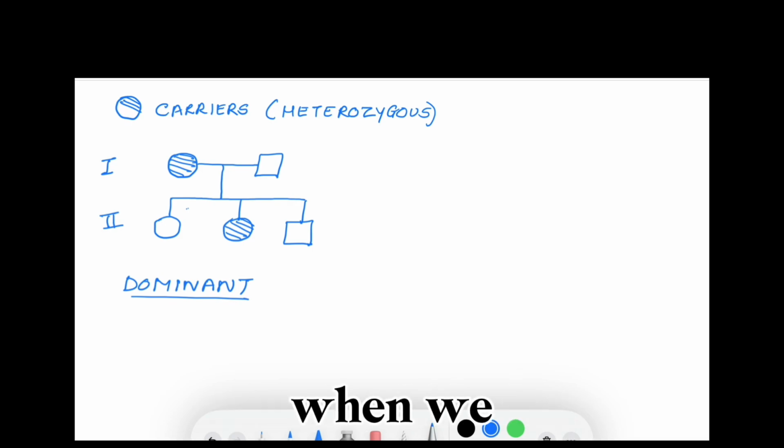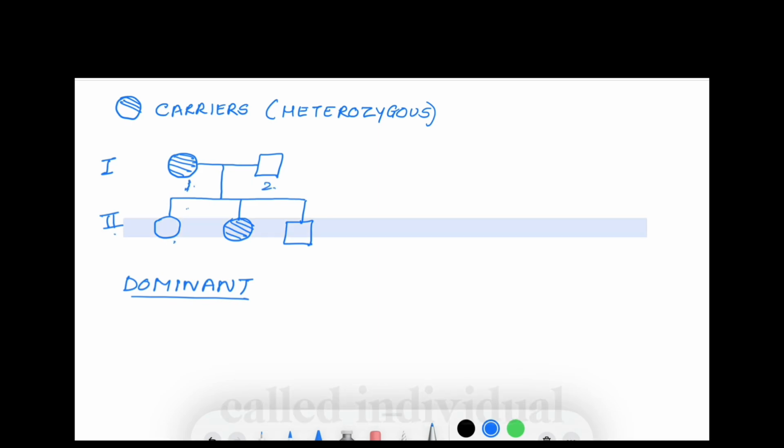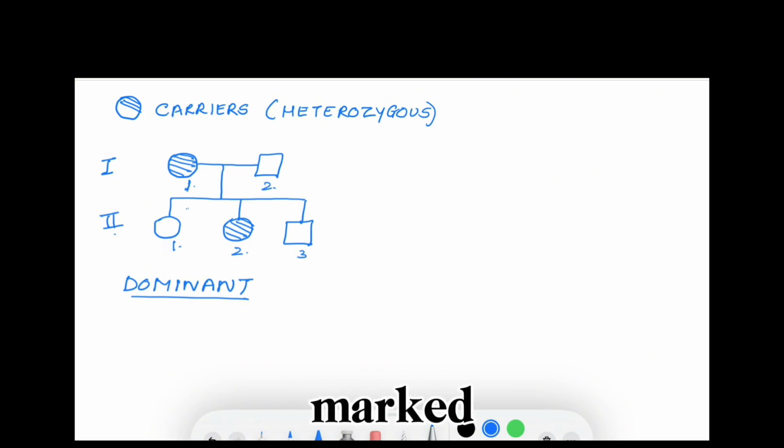Now here we are just seeing 2 generations. One more thing, in generation 1 this is called individual 1, this is called individual 2. In generation 2, this is called individual 1, 2, 3. That's how they are marked. So in this, we see that in generation 1 and generation 2, the trait can be seen in both generations.